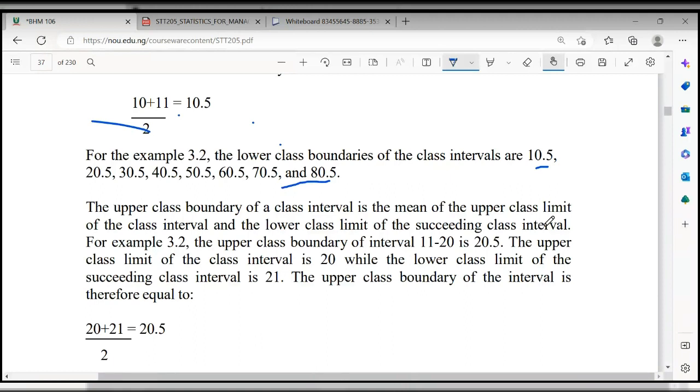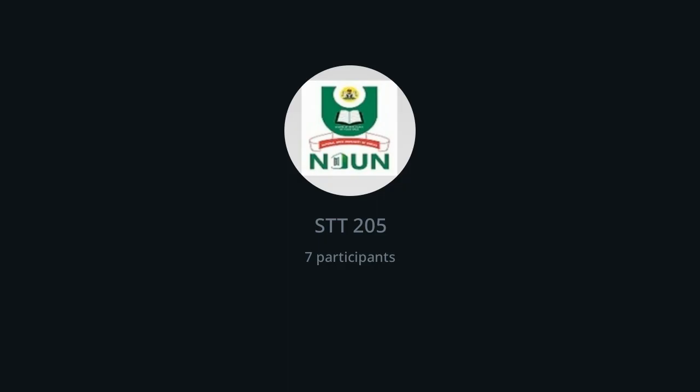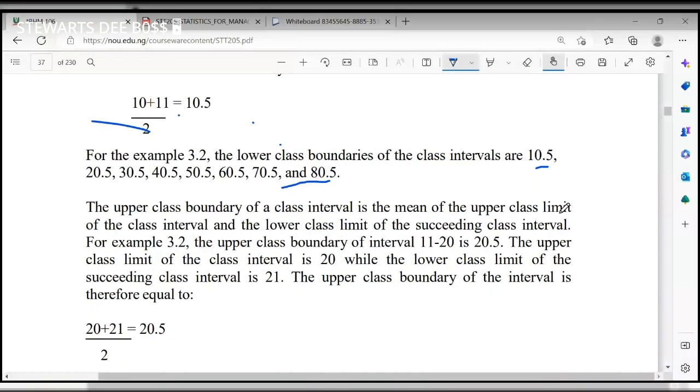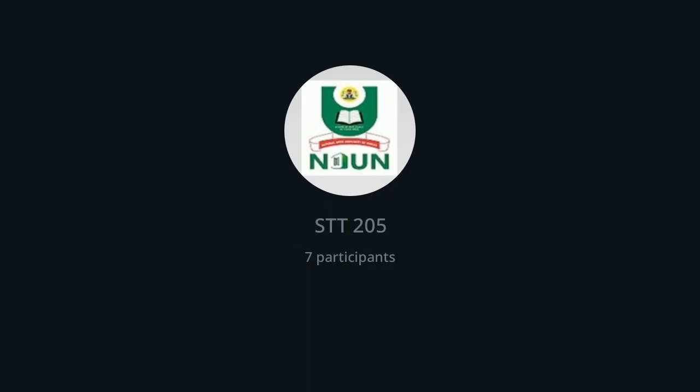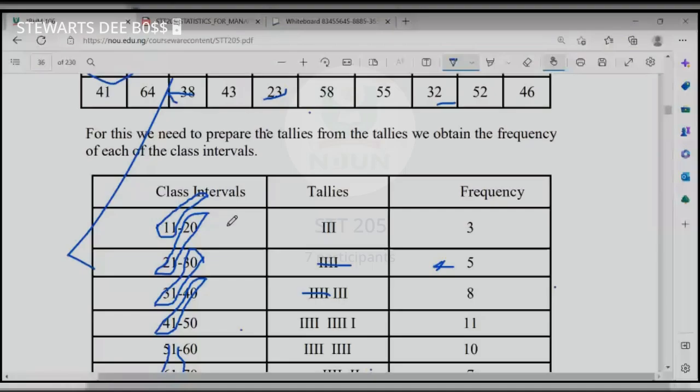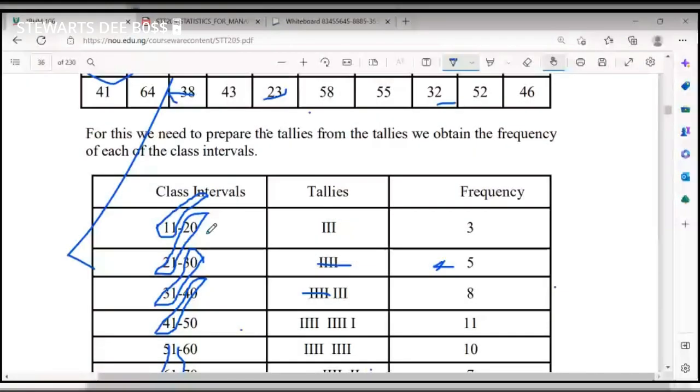So if I want to look for the upper class boundary for this one, I will add 20 and 21.